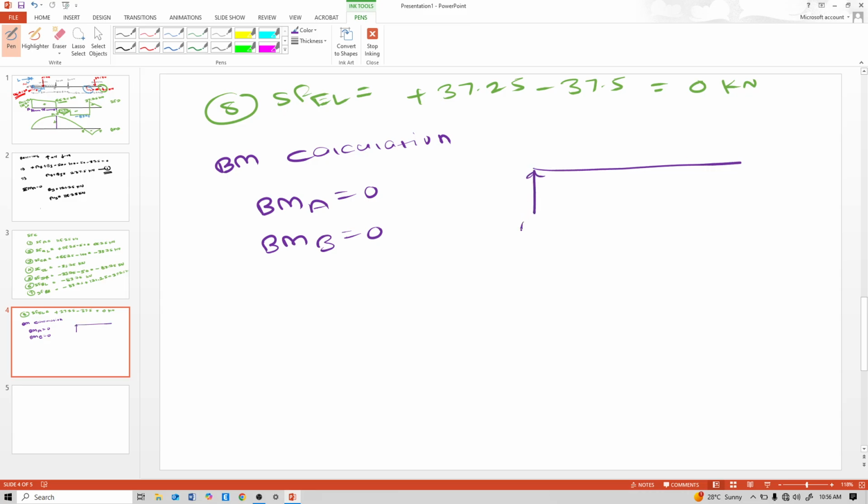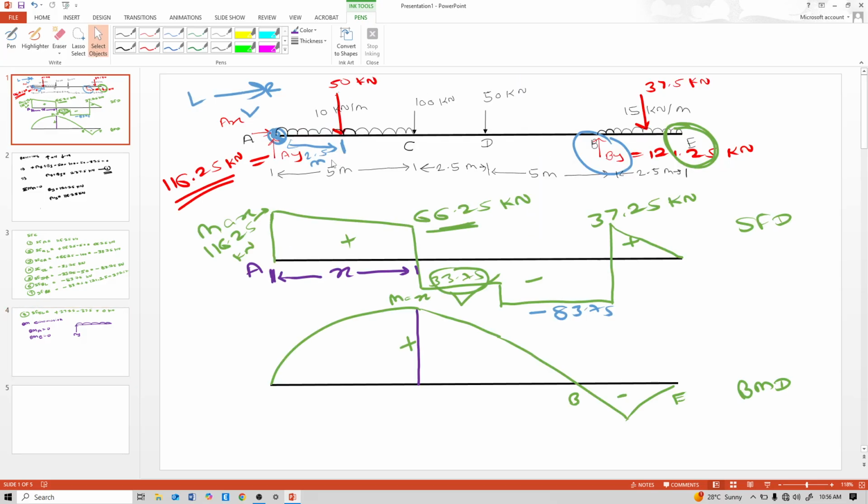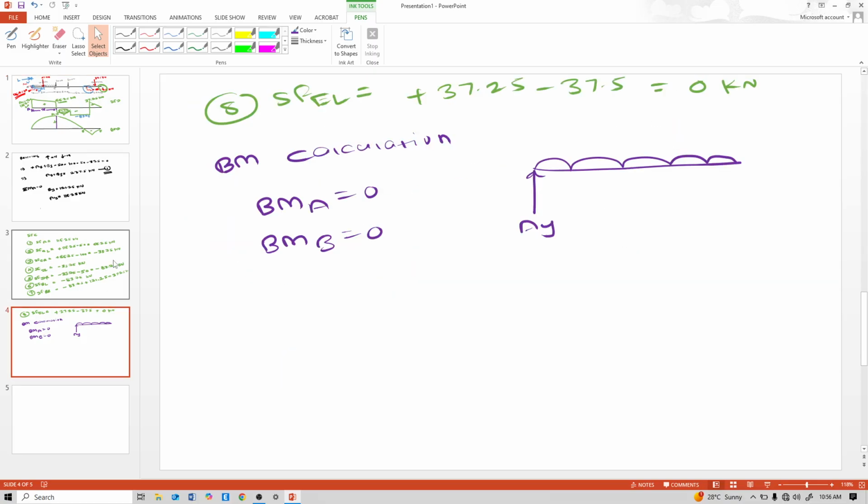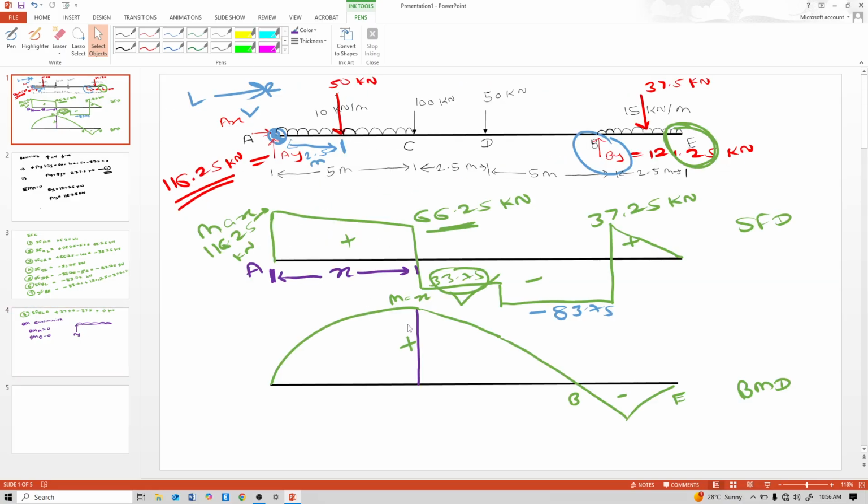This is AY reaction. This is the uniformly distributed load, and shear is 0 at a distance of 5 meter.